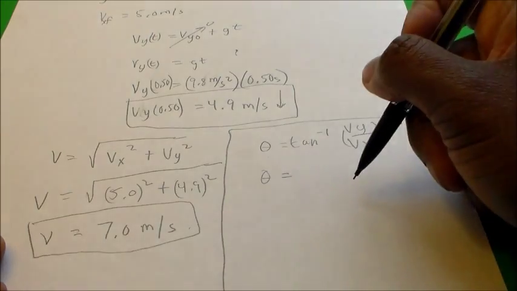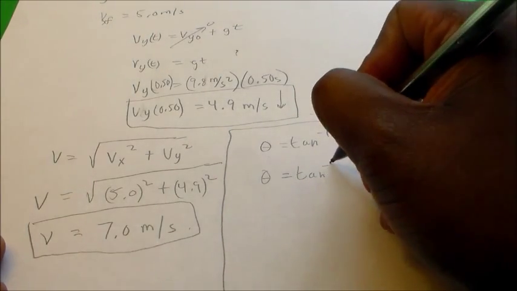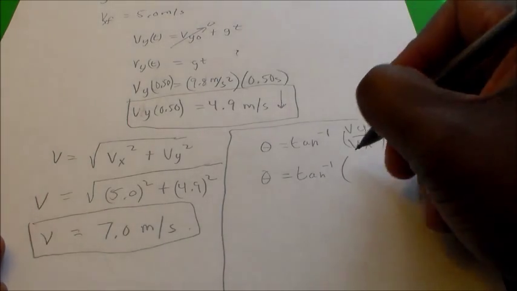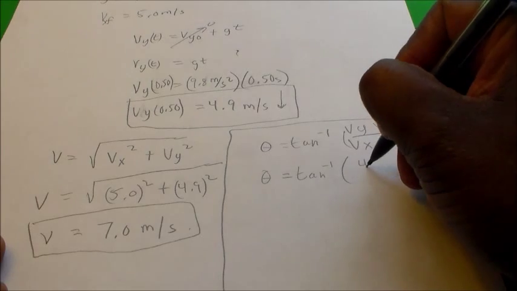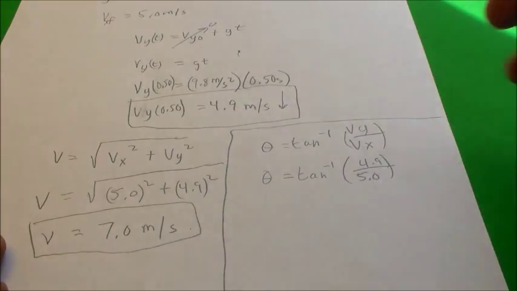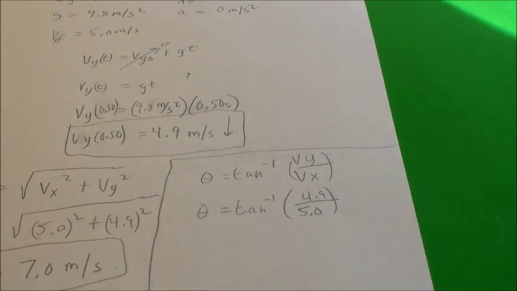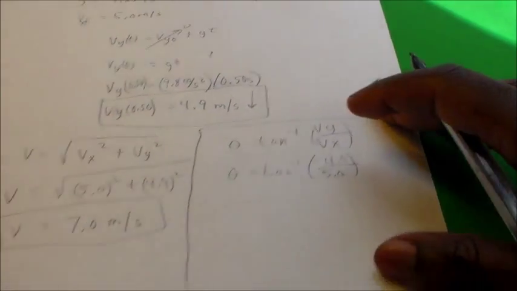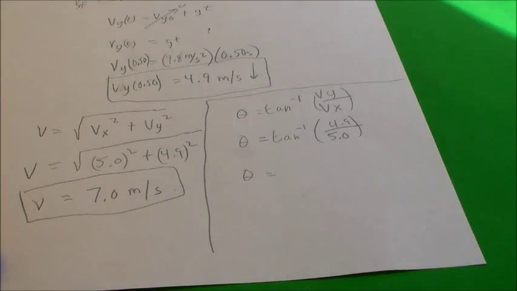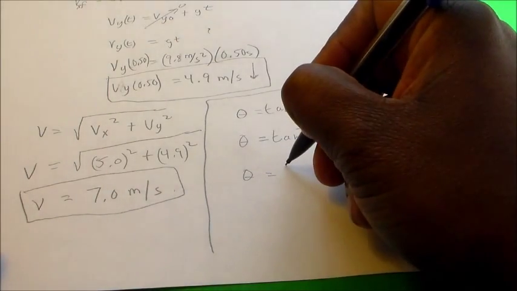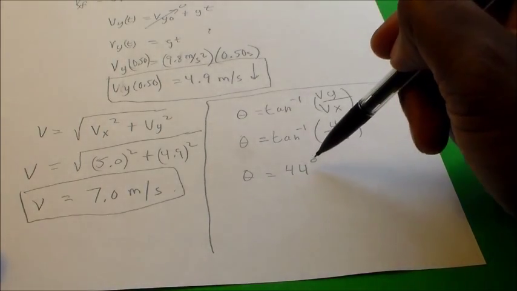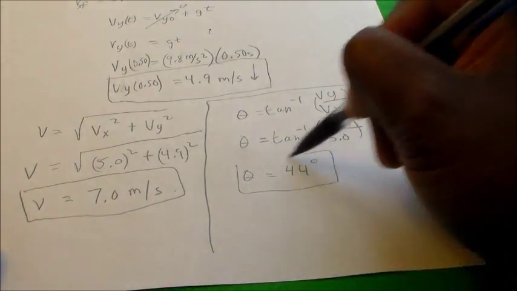So theta is equal to the inverse tangent of, remember our y direction we found to be 4.9, right? And in the x direction, we're saying that that's always going to be 5.0. If we go ahead and calculate this out, and I encourage you to calculate this on your own calculator to make sure, we end up with 44 degrees as the angle.